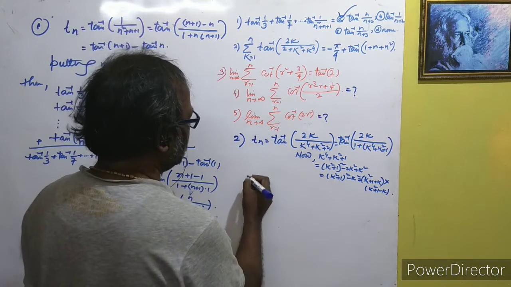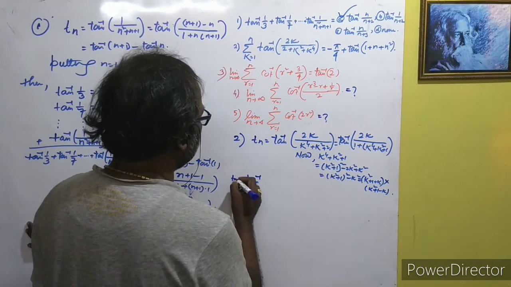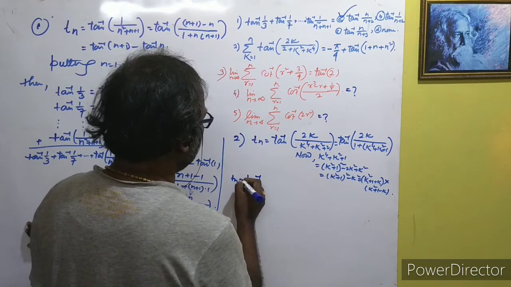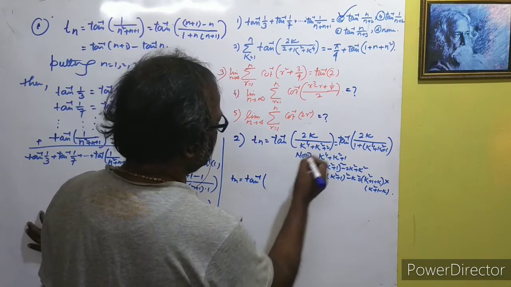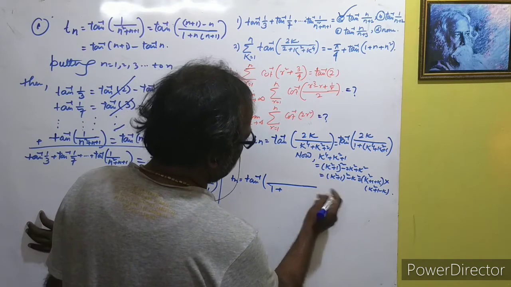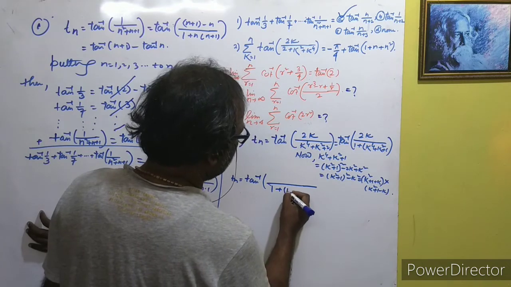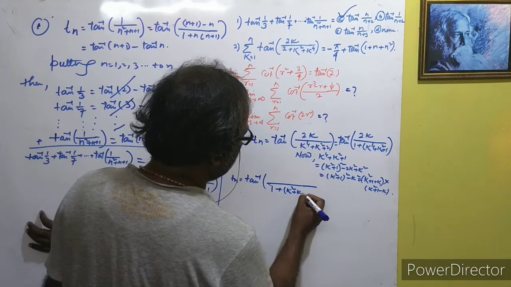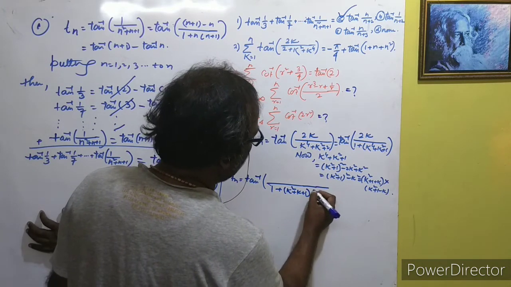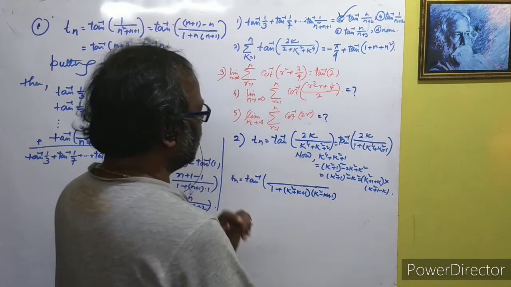So in that case, this is Tn, tan inverse of 2k by 1 plus the product of the two, that is k square plus k plus 1 and k square minus k plus 1.